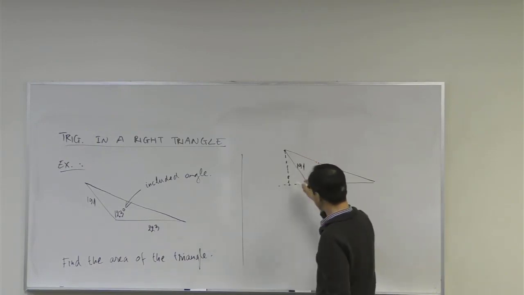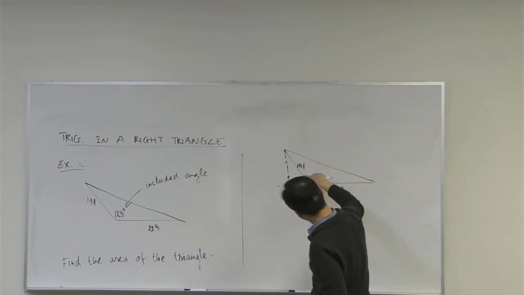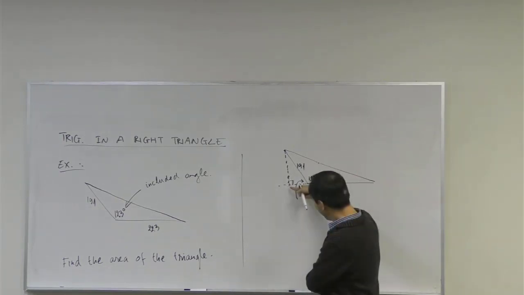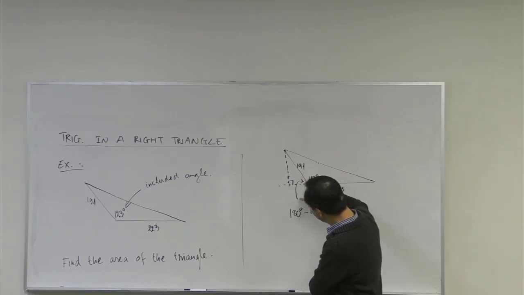So think about it. The way I drew that altitude, we have a right angle right there. Do you guys agree? Okay. So if the angle here is 123, can somebody help me calculate what that angle is? The whole thing here is 180, so 180 take away 123 gives me the angle where my arrow points to.